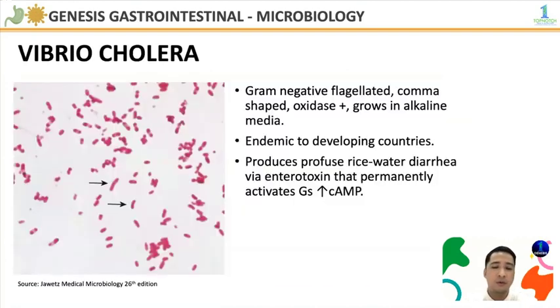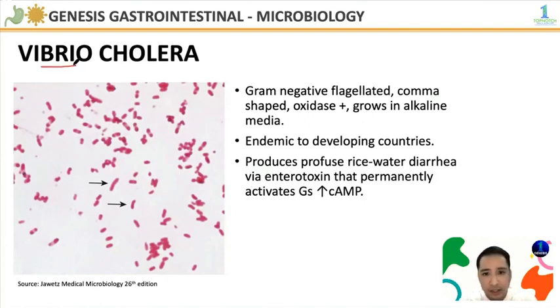One of the most important bacteria associated with diarrhea is Vibrio cholera. It is very important in microbiology to study the morphology of the pathogen. In this case, we're going to describe the morphology and biochemical properties of the pathogen.